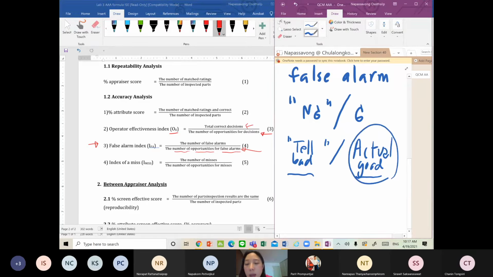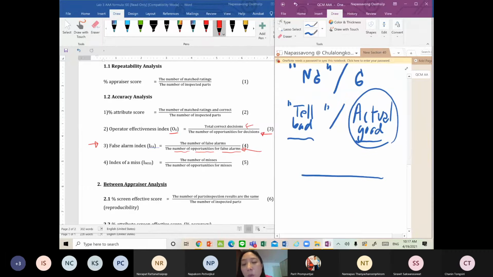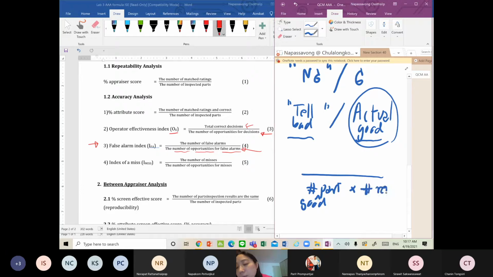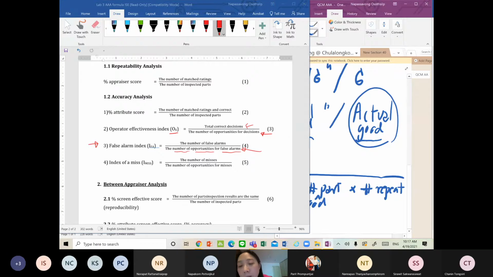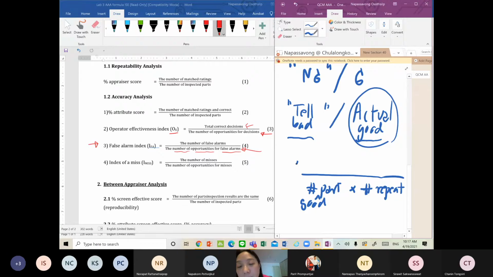So the opportunity will be the number of good parts multiplied by the number of times they do repeatability or replication. And the upper side will be percent IFA.